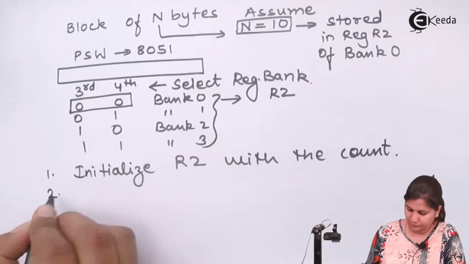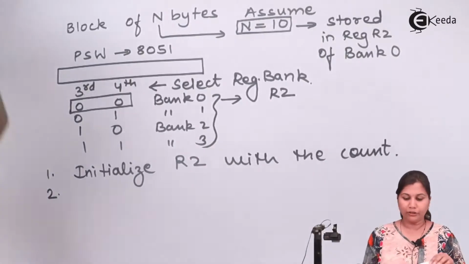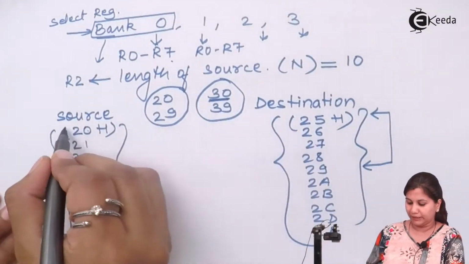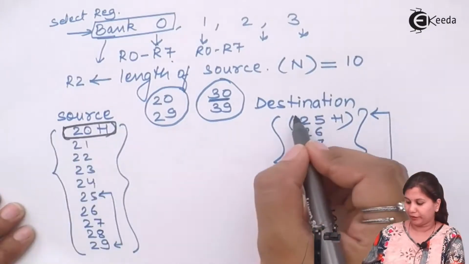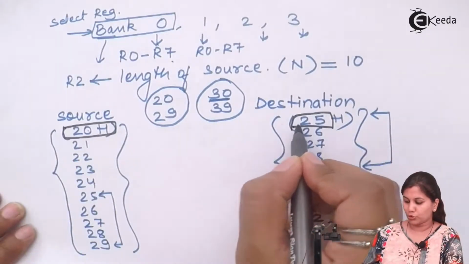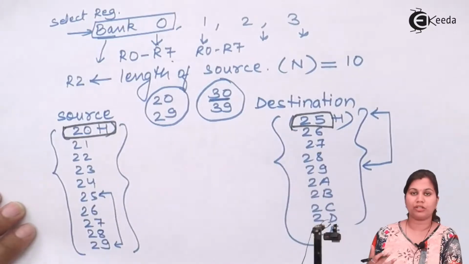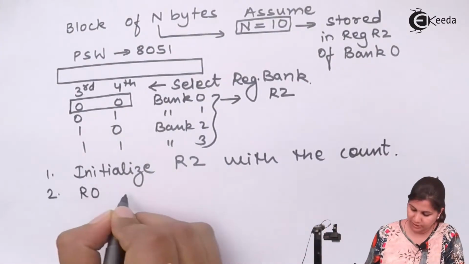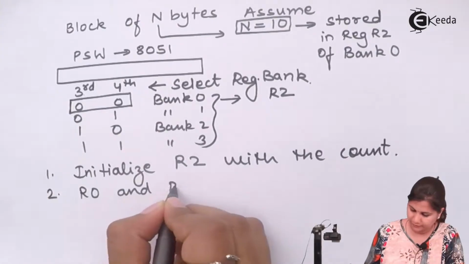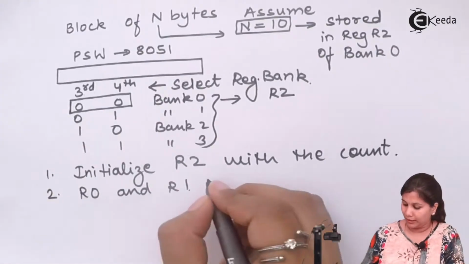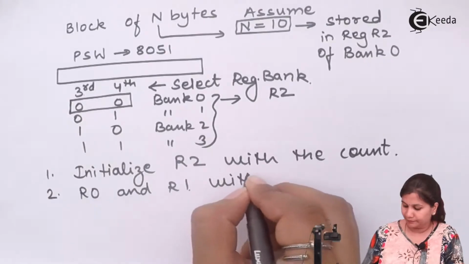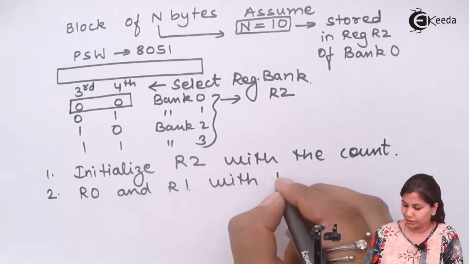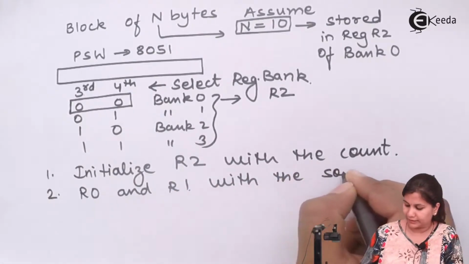Second, because we have two memory locations, 20H and 25H, to store these two locations we want two registers. We will use the R0 register and the R1 register and initialize them with the source and destination.